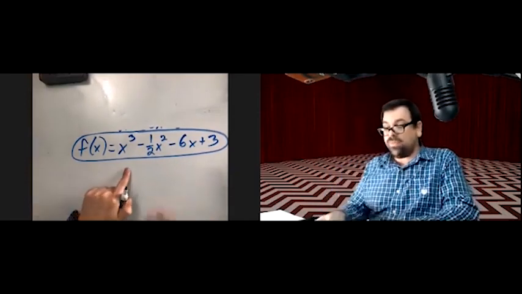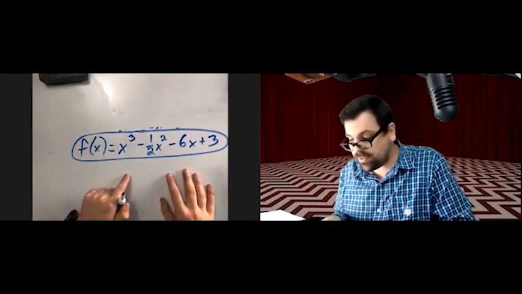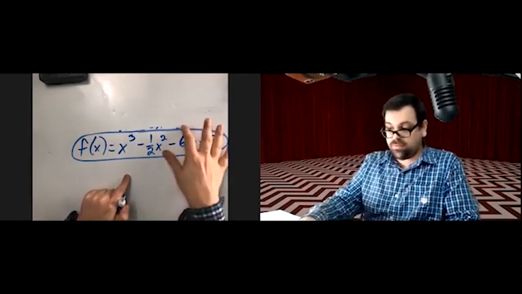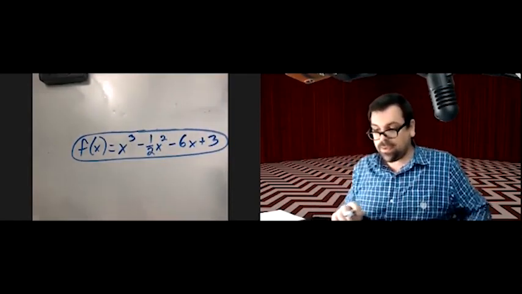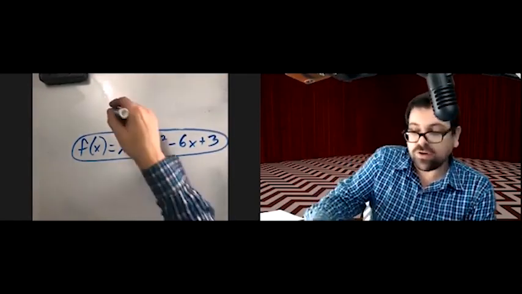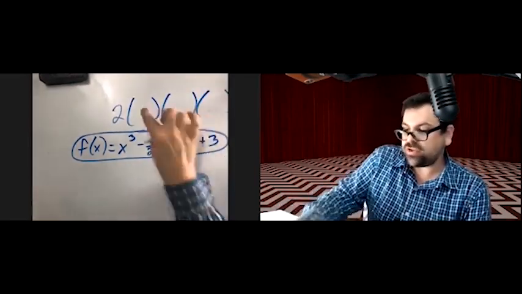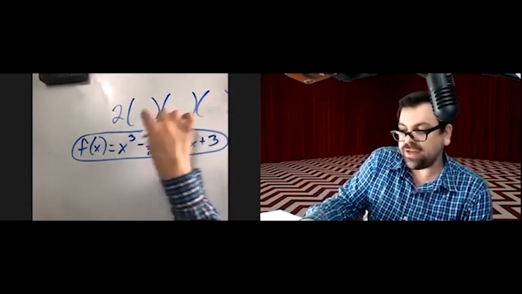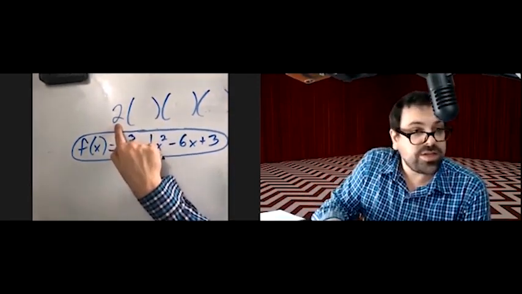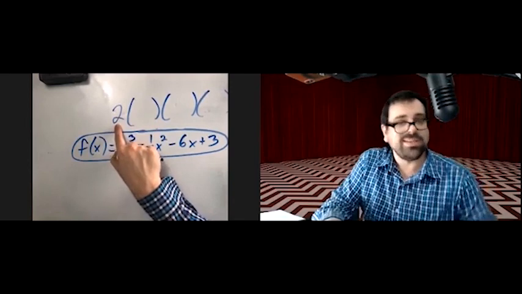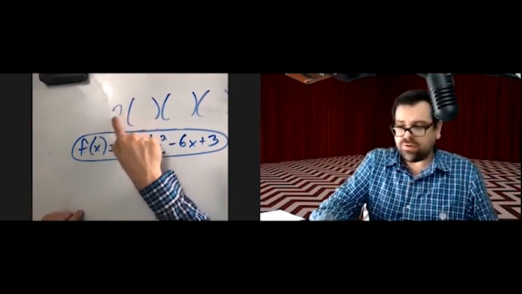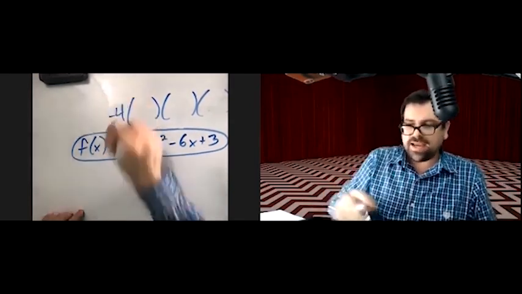Now, this is not unique. In front of that factored form, what if we put a 2? Doesn't change that we got the 3 zeros we needed, and it wouldn't give us an additional zero because 2 equals 0 is no solution. We throw that out. What if there was a negative 4 in front?